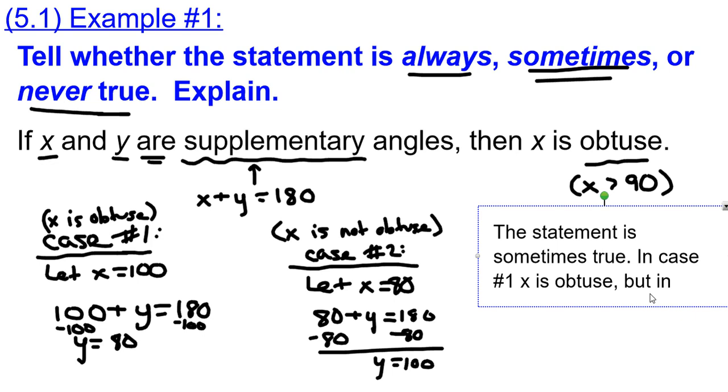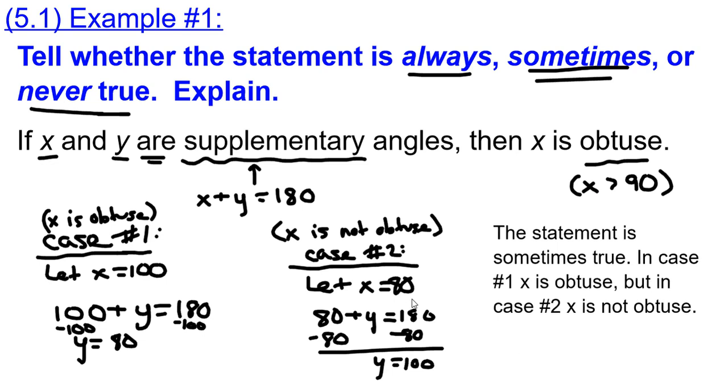But in case number 2, x is not obtuse. And I could have said x is acute, which implies that it's not obtuse. But the statement is sometimes true: in case number 1, x is obtuse, but in case number 2, x is not obtuse. So that is why it is sometimes true.